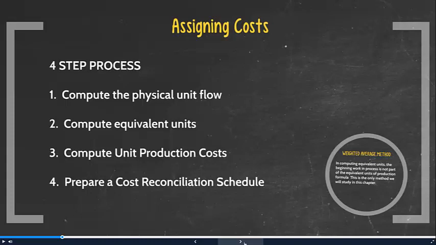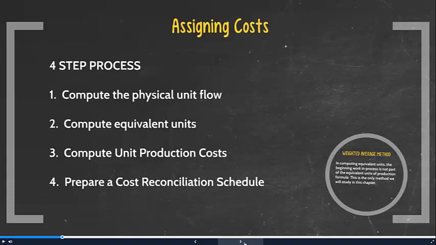In the first step, we look to determine the units that we have to assign costs to. We'll break this into 3 different groups: beginning inventory, started and completed, and ending inventory. In step 2, we'll compute our equivalent units. This is the process of taking those partially completed units and making them whole.